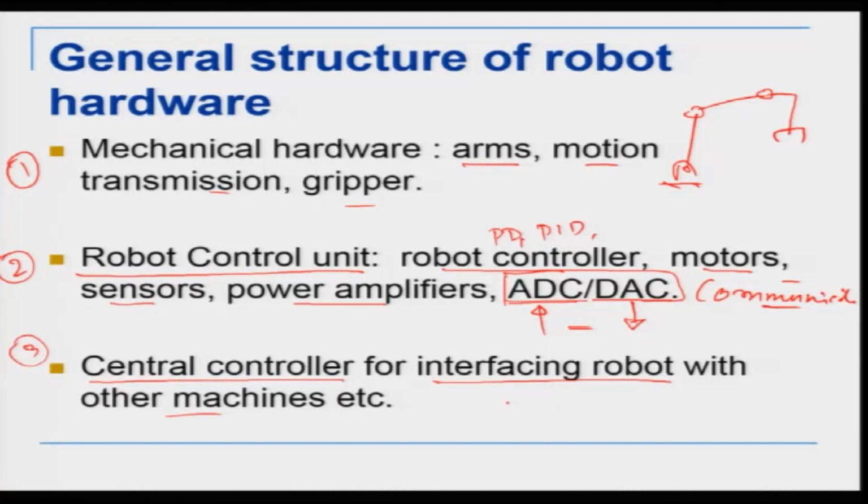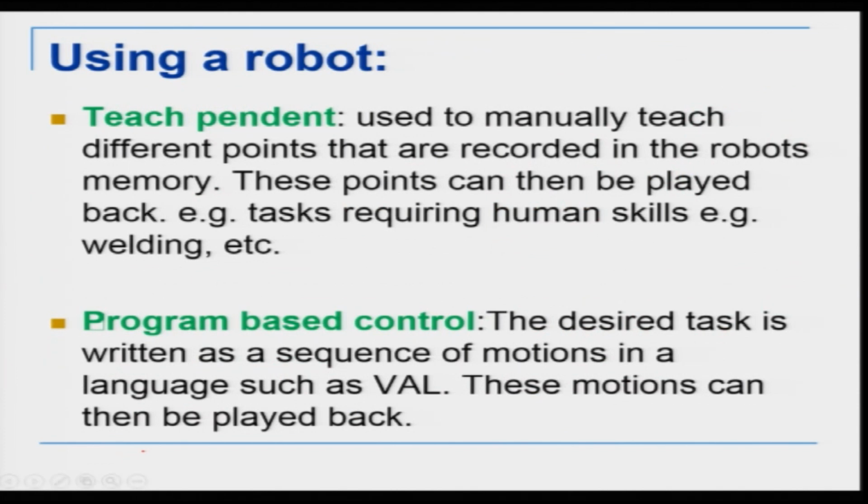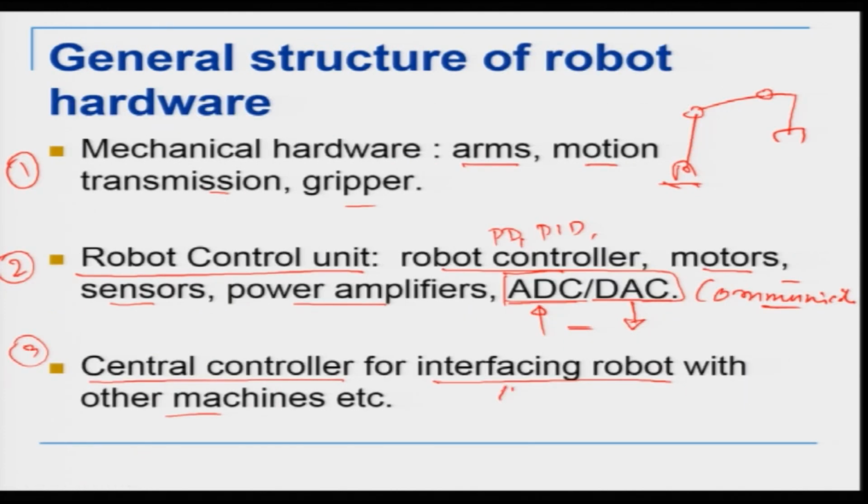So, it is very important that there should be some kind of interfacing, and this interfacing again means there is some kind of communication. We will also look at how machines communicate with one another as we go along. So, the total system consists of the mechanical hardware, the robot control unit, and the central controller, which is interfacing all the machines for communication.